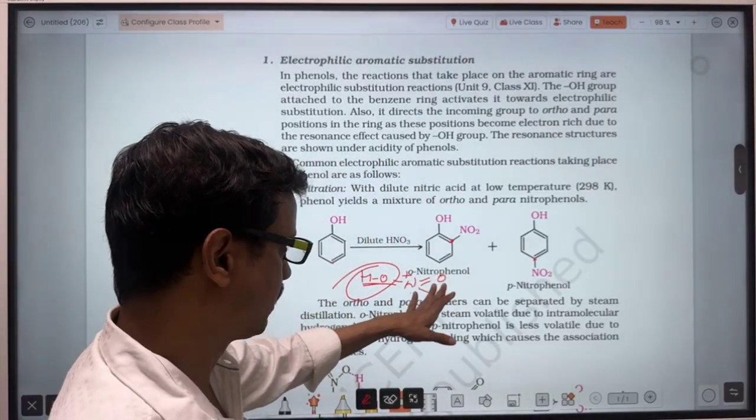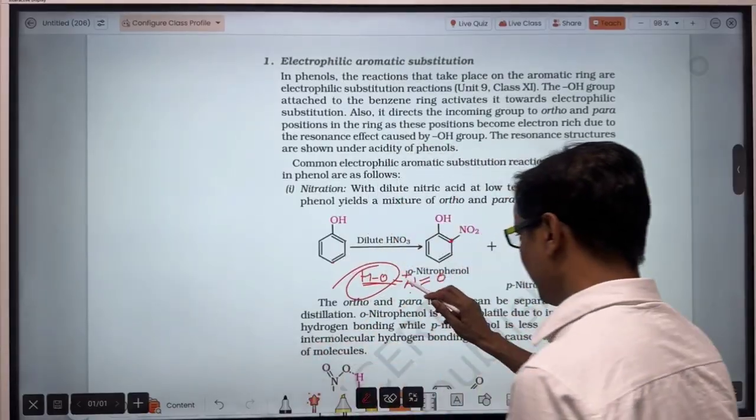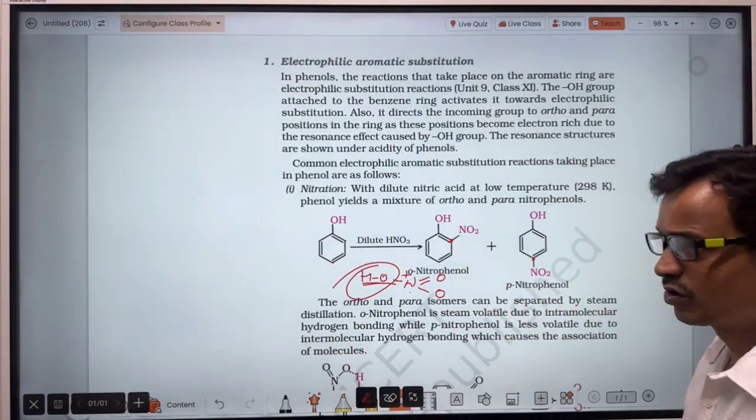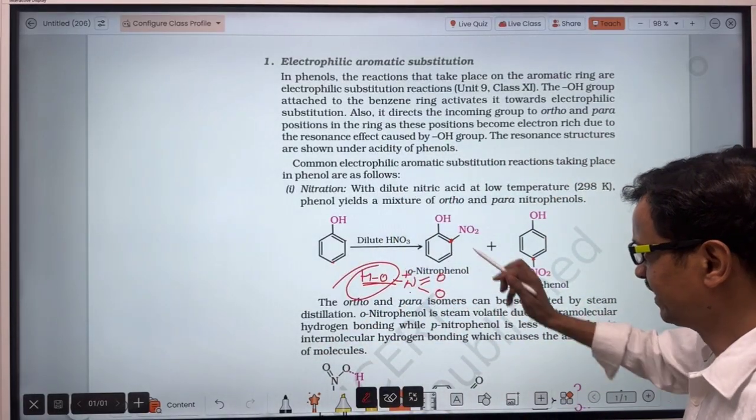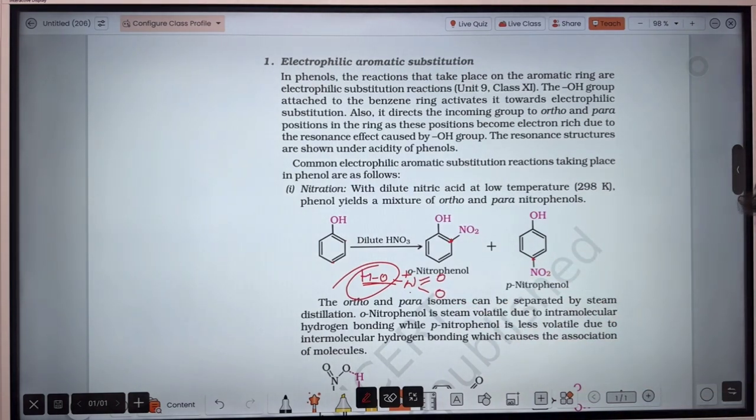So when the electrophile NO2 is bound to the ortho position, that will be called orthonitrophenol. That is the common name, and the IUPAC name will be 2-nitrophenol. In the same way, when NO2 is bonded to the para position, the IUPAC name will be 4-nitrophenol and the common name will be para-nitrophenol.